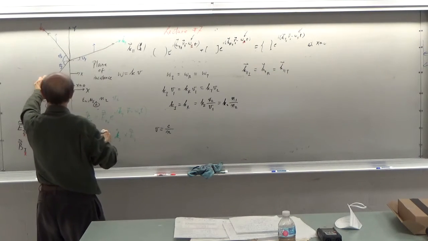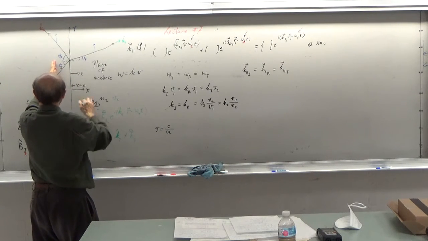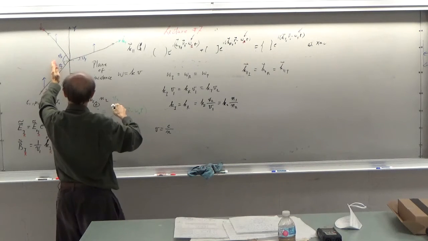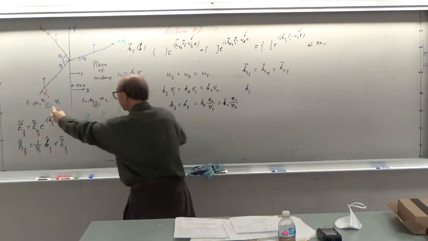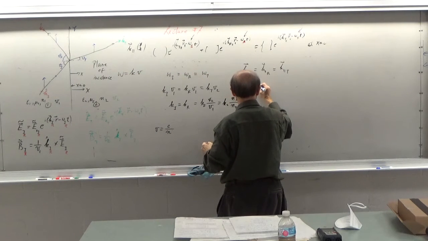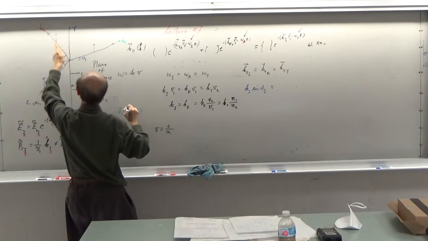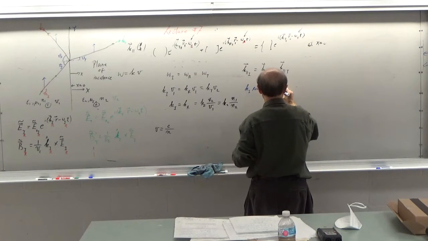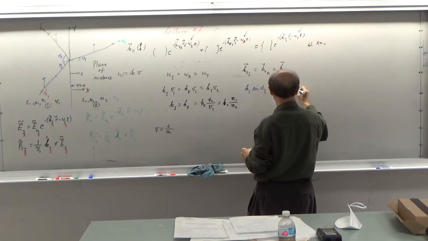The y component of the incident beam is ki times sine theta I, which must equal the component along the y direction for the reflected beam, kr times sine theta sub r.